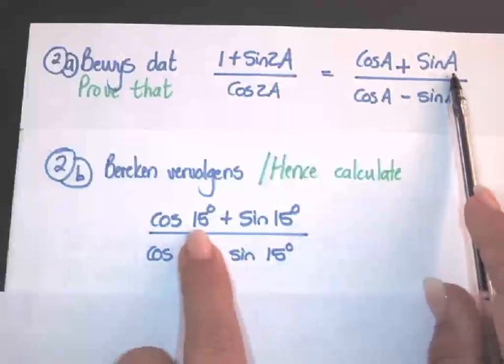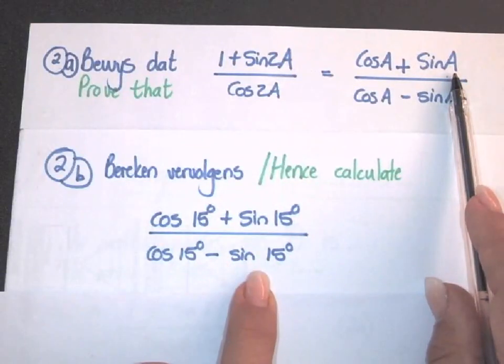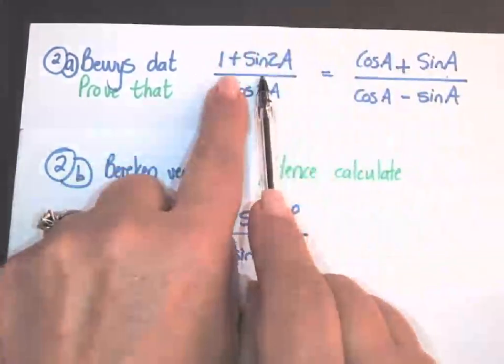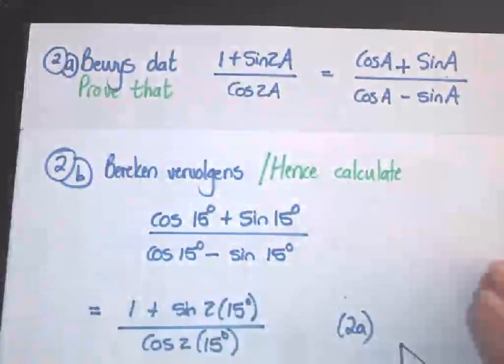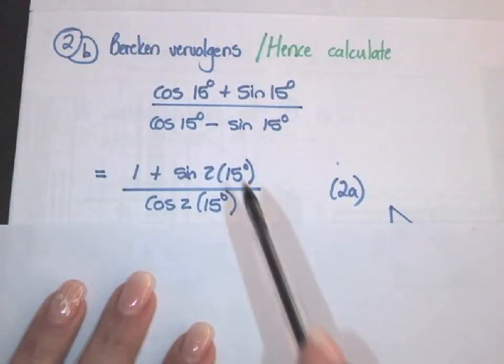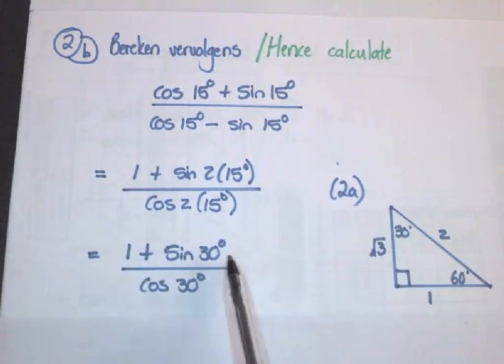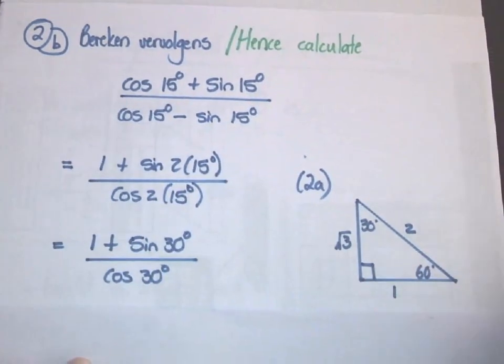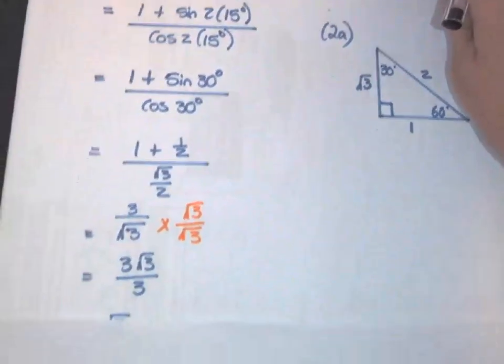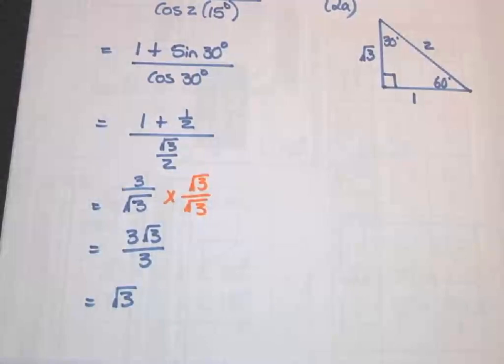A is 15 degrees. So this will be equal to that with the 15 degrees. Alright? 2 times 15 gives you 30. These are special angles. Draw your triangle. Substitute, rationalize, and get your answer.